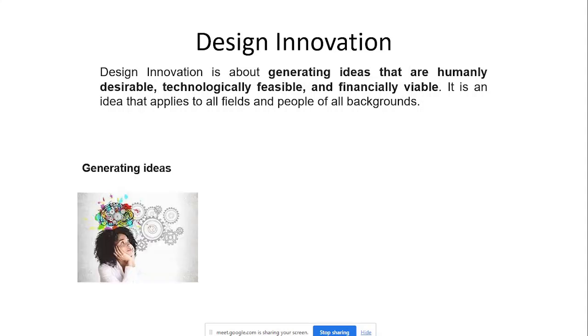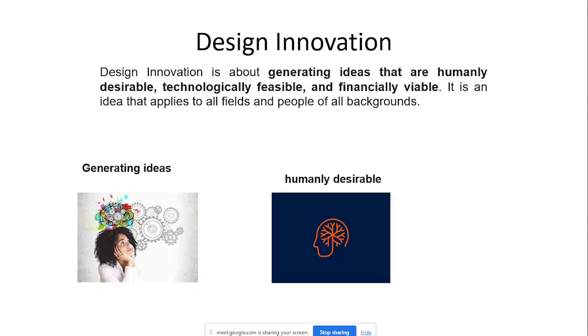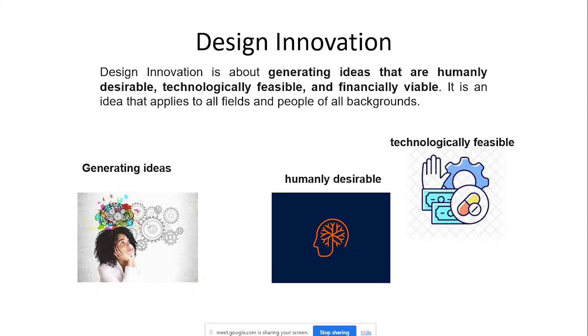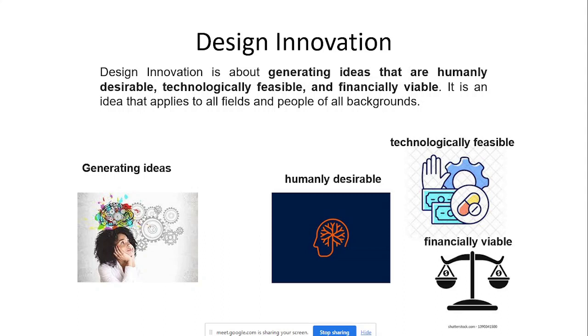So generating ideas: I may generate ideas for solving the problems of the customers. The customer has a number of problems. If I give the solution to the problem, I can increase my cost based on what is humanly desirable. The cell phone is technologically feasible for that person. After that, it may be financially viable. If I spend 60,000, it means I need that.